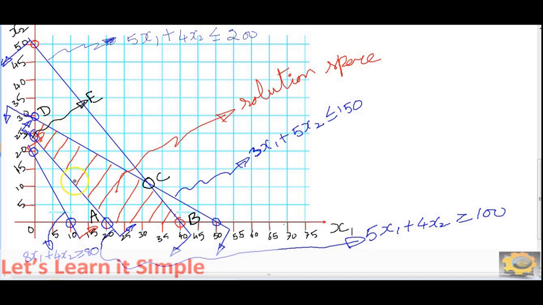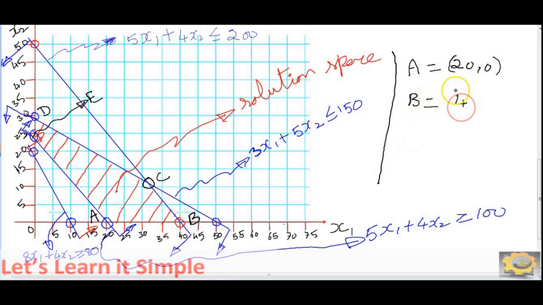So the vertices of the solution space are A, B, C, D and E. If you write the values, you can check here, A will be 20, 0 and B is 40, 0.